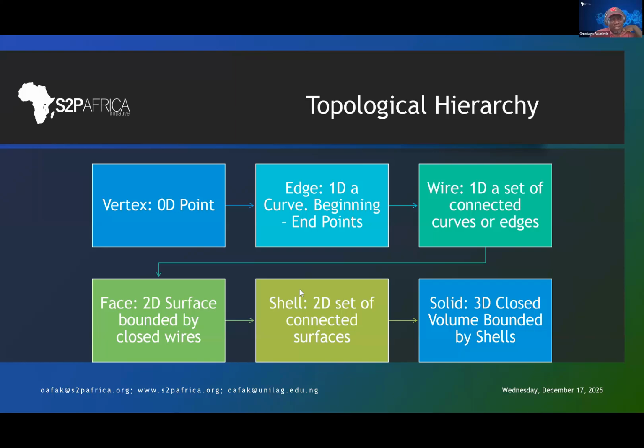It must be a closed wire, otherwise you see errors like the wire is not closed. As long as the wire is not closed, there are certain operations that will not work. A shell is a two-dimensional set of connected surfaces, and a solid is a three-dimensional object that contains a closed volume bounded by shells.